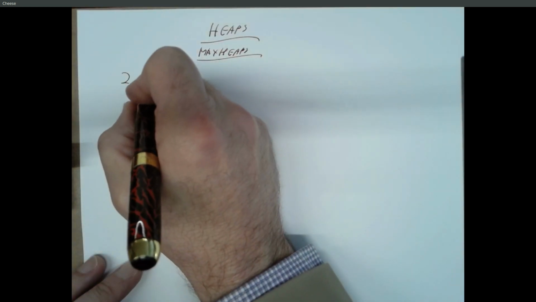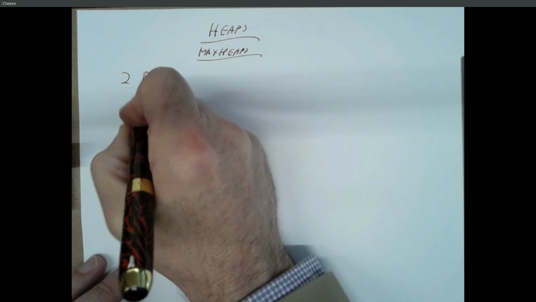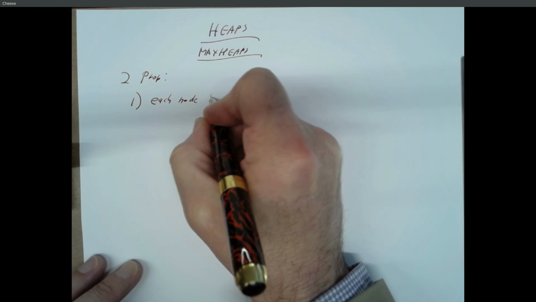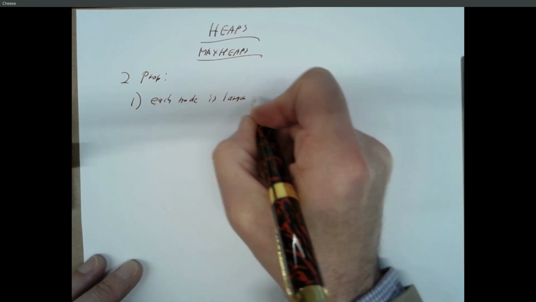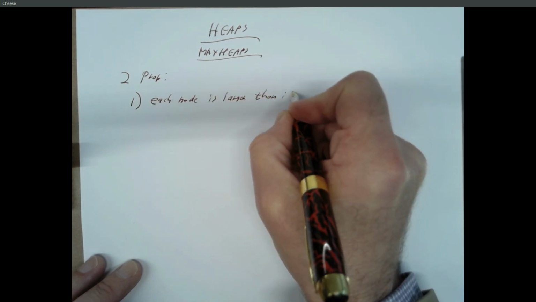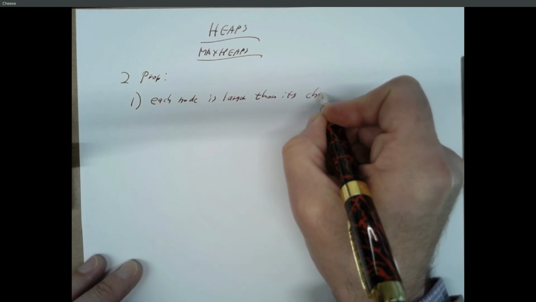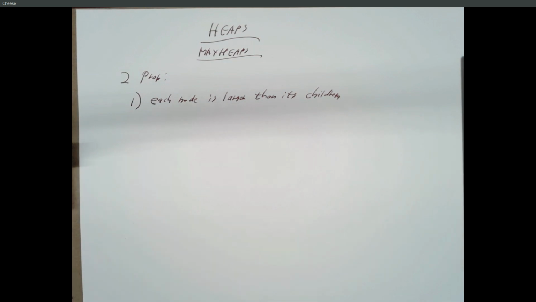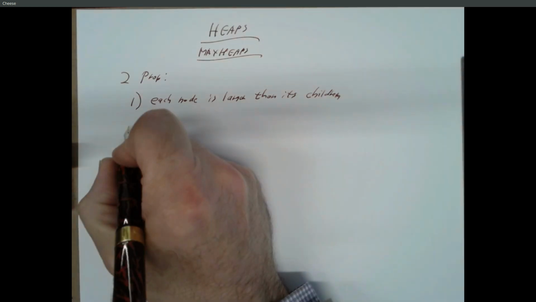So a max heap has 2 properties. It's a binary tree. It has 2 properties. So property 1, each node is larger than its children. And there's no left-right distinction made here. It's just got to be larger than both of its children.